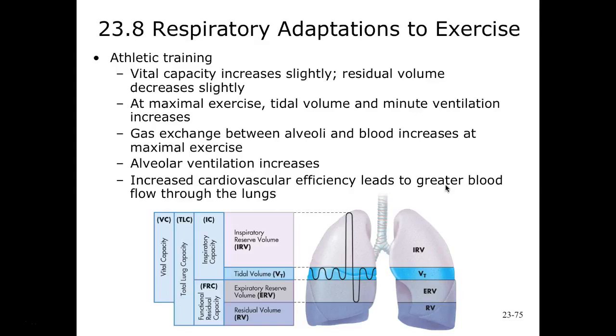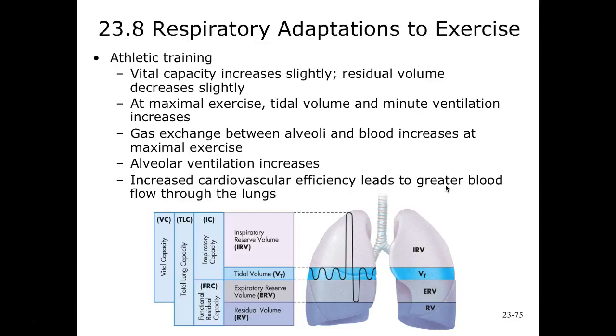Remember that the vital capacity is the amount of air that we can move into and out of our lungs, so completely, forcefully. And the residual volume is going to decrease slightly as well. So the residual volume was that amount of air that after we forcefully exhale all the air out of our lungs, we still have some air within our lungs so that it does not collapse.